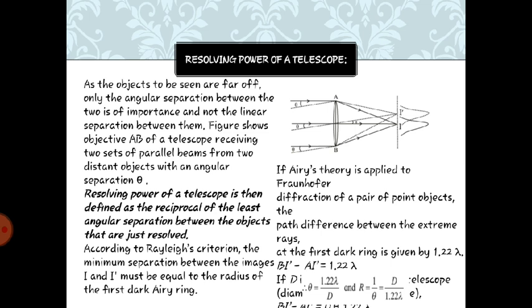According to this, theta is 1.22 lambda upon d, or the resolving power is d divided by 1.22 lambda. Now where did the d come from? d is the aperture of the telescope, or the diameter of AB, which is multiplied by the angular separation theta. So this is all about the resolving power of a telescope.